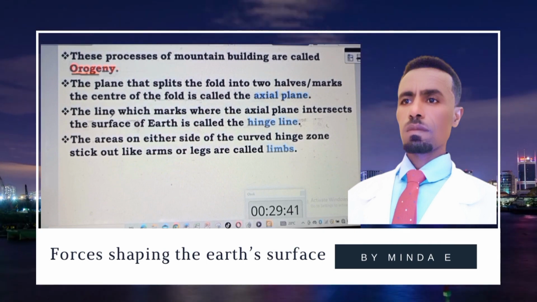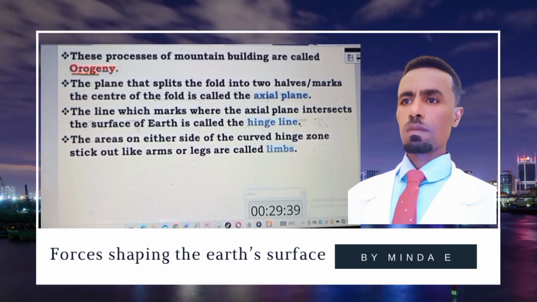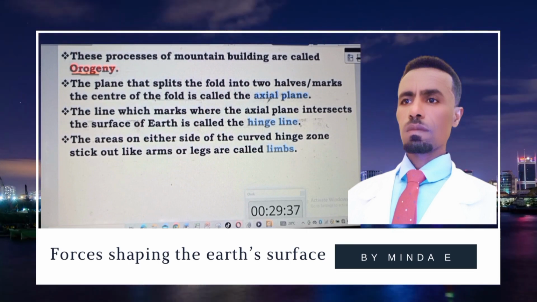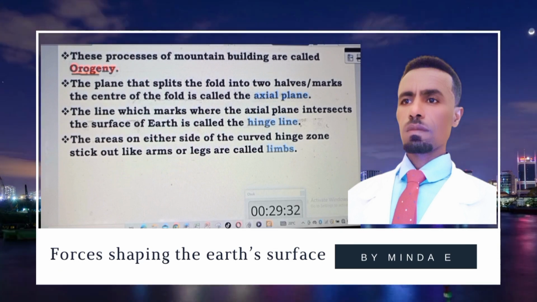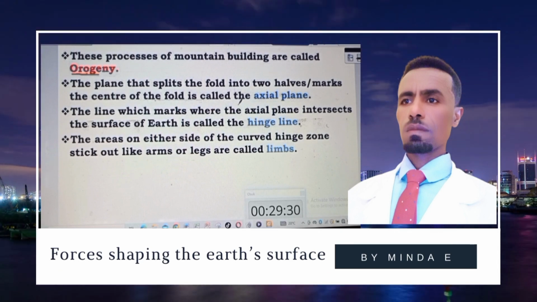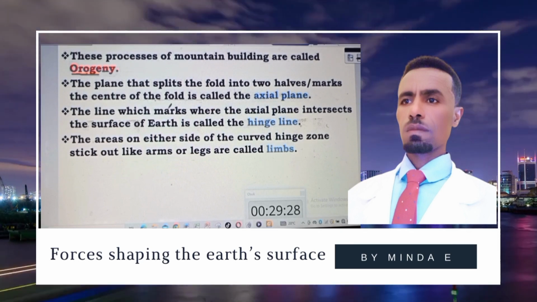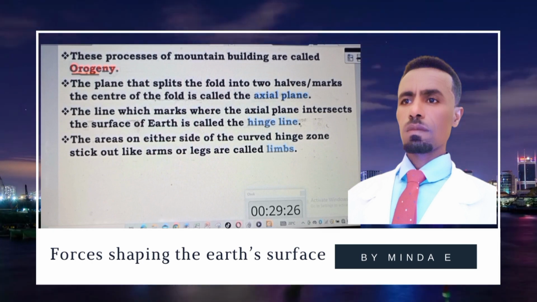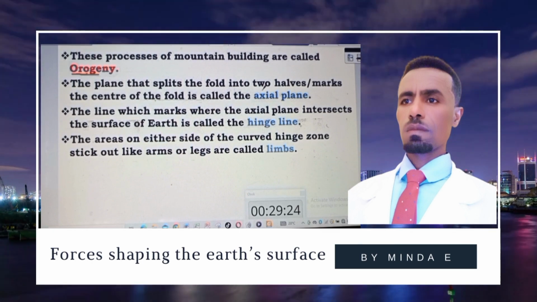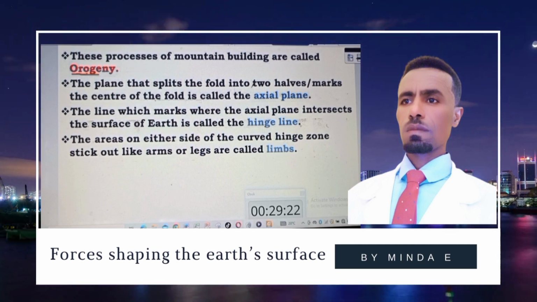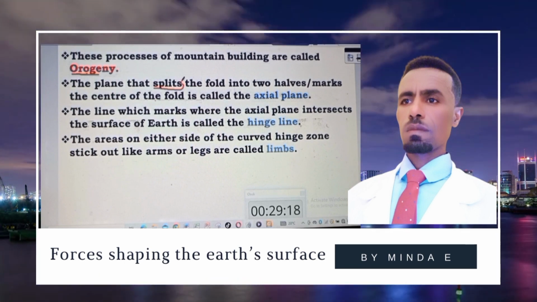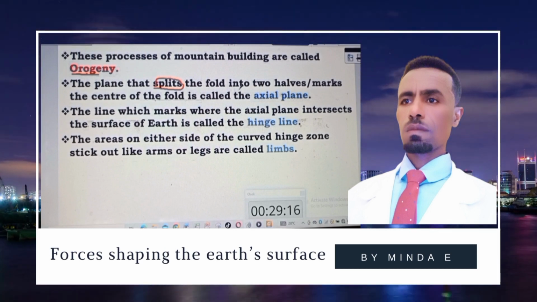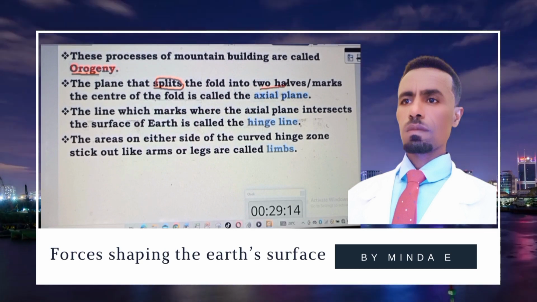Another point we should see is the axial plane, a plane that splits the fold into two halves.